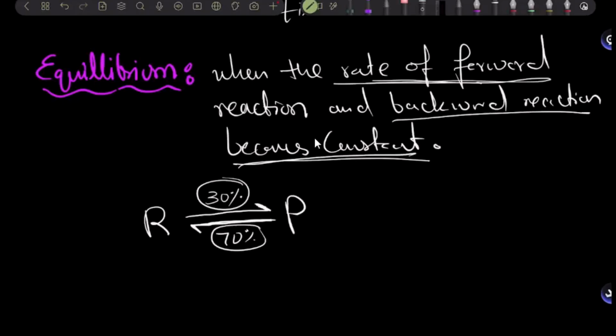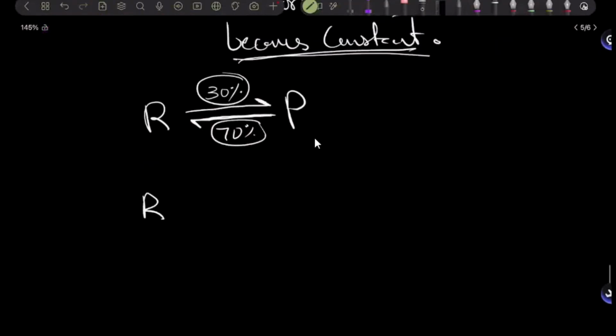Equilibrium is when the rate of forward and backward reactions have become constant. They can be constant by 30-70, but do you understand how they become constant? They've decided that from now on the forward reaction will be 30% and the backward reaction will be 70% in every second. They made it constant. This is a state of equilibrium.